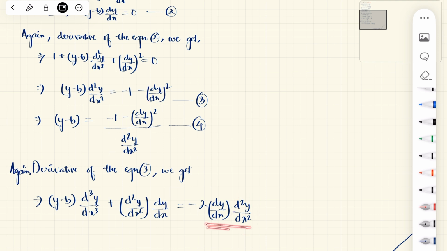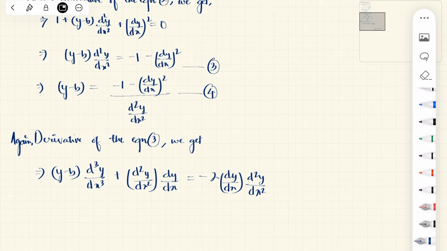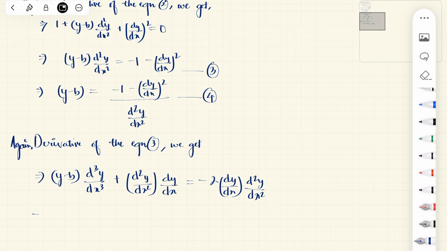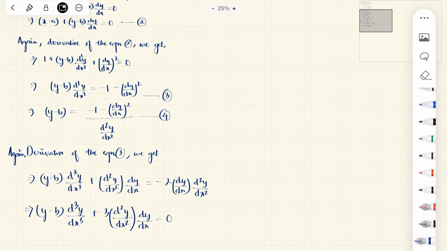So look, this and this are the same. If I bring it here, it becomes plus, and this becomes 3. Yes or no? So (y - b) d³y/dx³ + 3 (d²y/dx²)(dy/dx) = 0. Let's say this is the equation number 5.